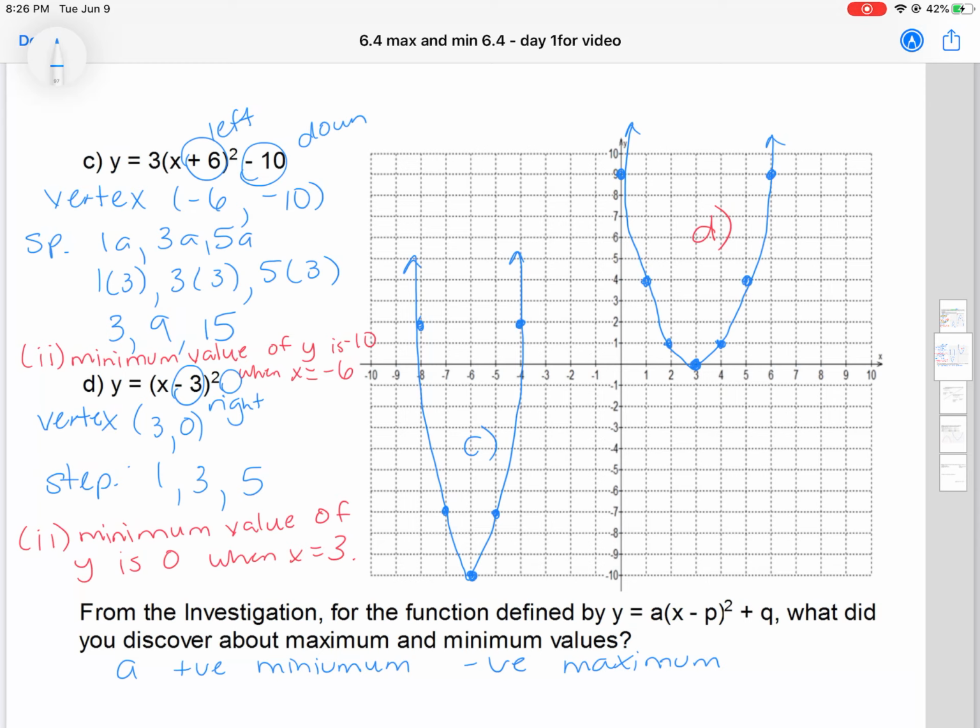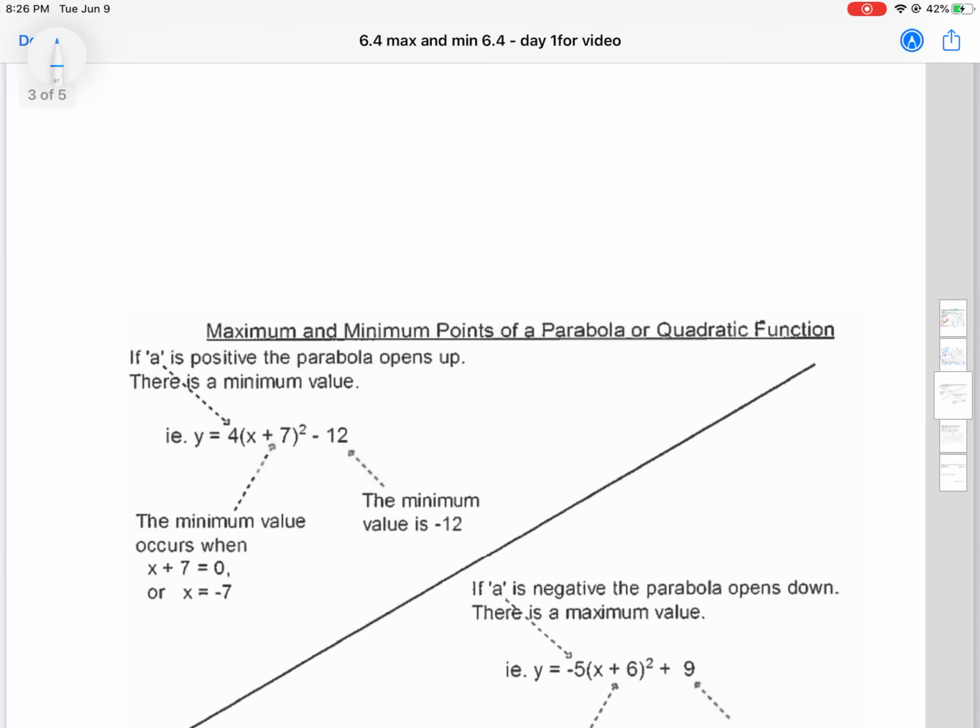And then Q tells you the optimal y value, and P the optimal x value. But really, you can use the vertex to help you. So that's why vertex form is so important.